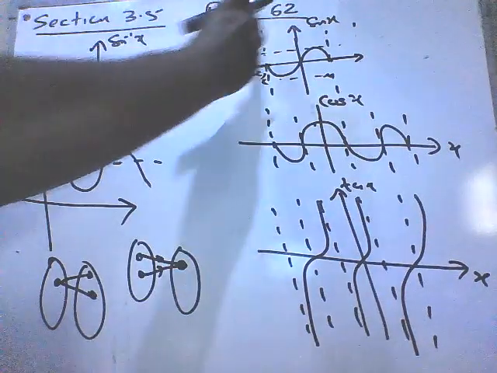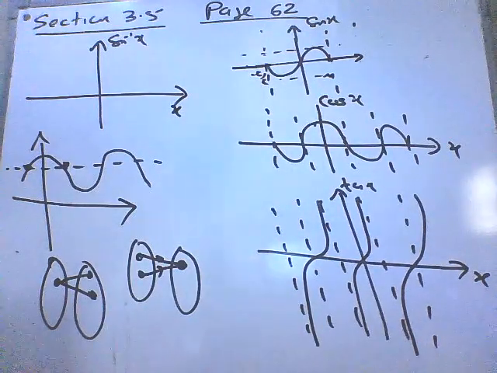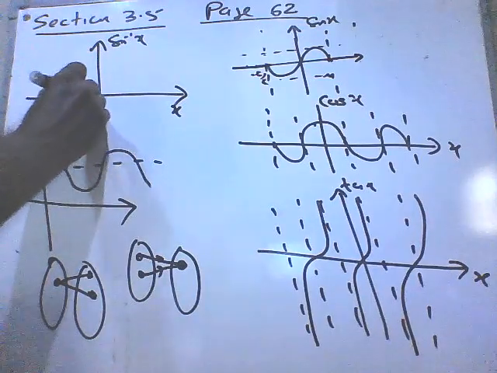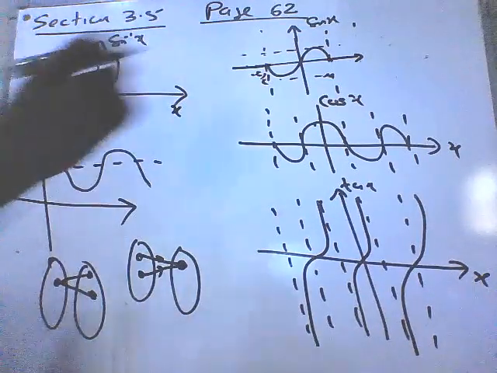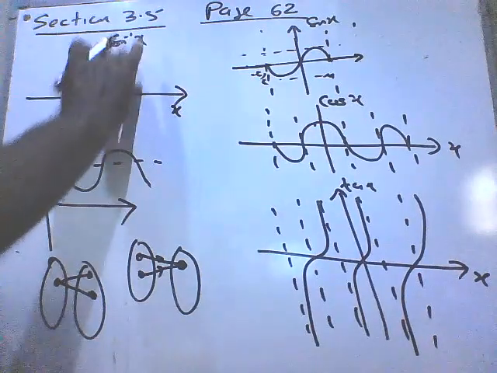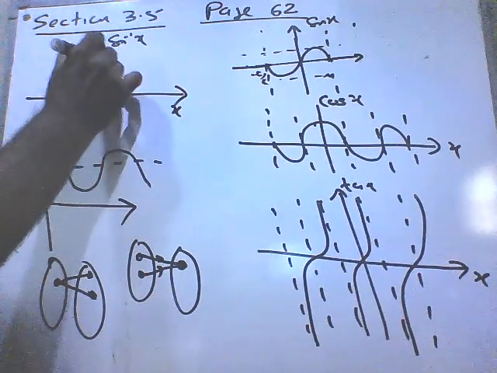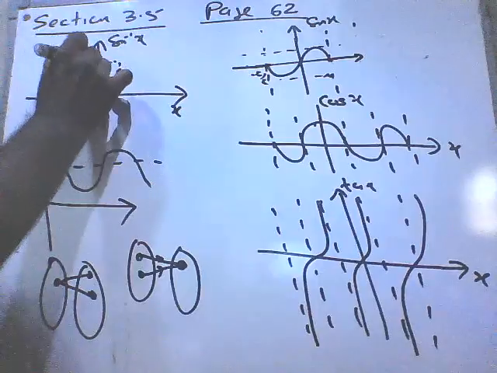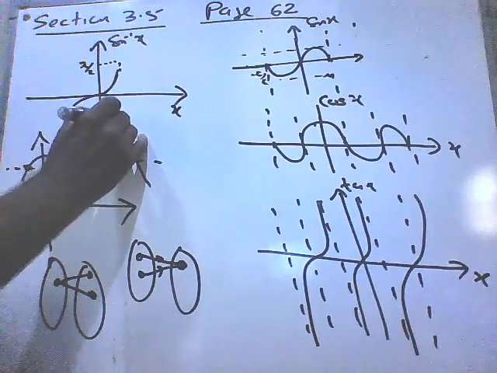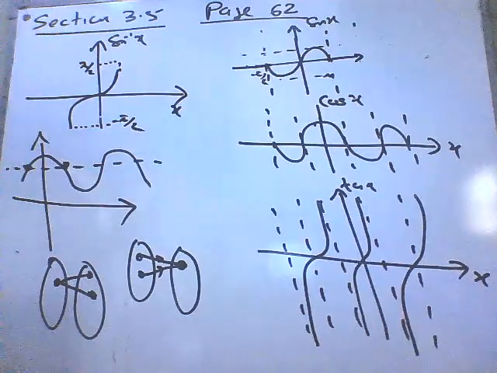The others are repeating values. If you take that part and consider the reflection, the graph will come like this, with pi over 2 and minus pi over 2.